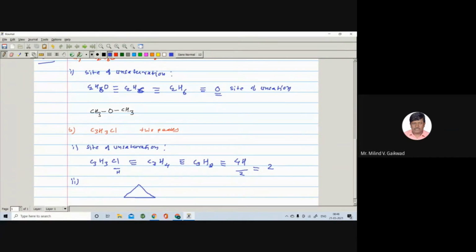It may be the cyclopropane, and on each corner there is hydrogen, but here you can write the double bond, right? And here you can write, here is an H and here is a Cl, right? So 1 pi bond and 1 ring means 2 sites of unsaturation, right?